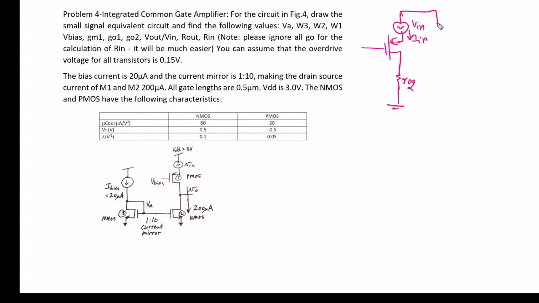Now what we have to do is assume input current IN is coming from the V in voltage source, or input voltage source, and flowing into the circuit. Now we have to draw the small signal model of this particular circuit and find out V in by IN, which can be given as R in.